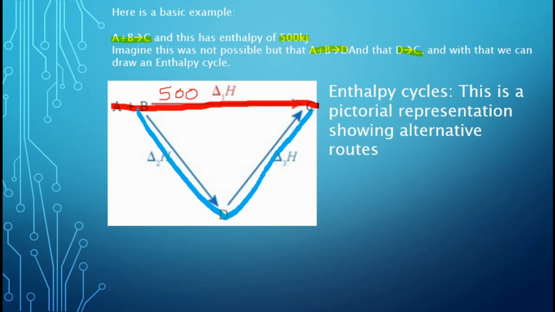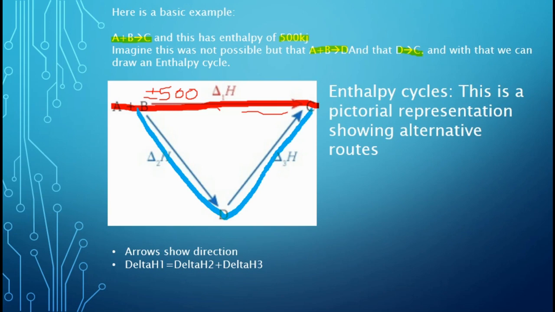Alright? Now, extra information you should know is that the arrows show direction. So we have this arrow here going that way. So that means this should be, if it was going this way, plus 500. But if it was going this way, however, it will be minus 500.